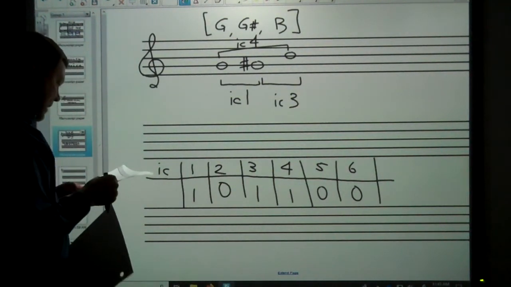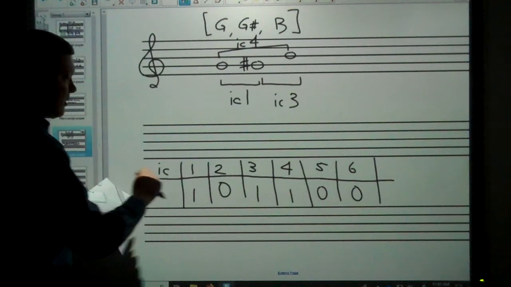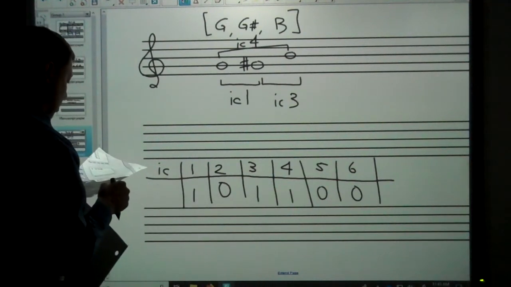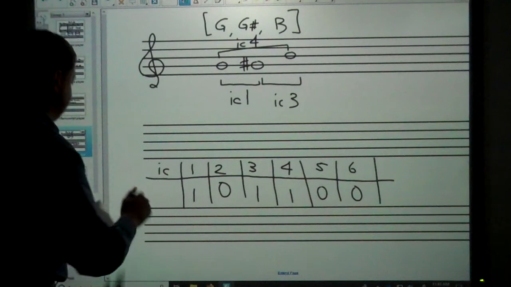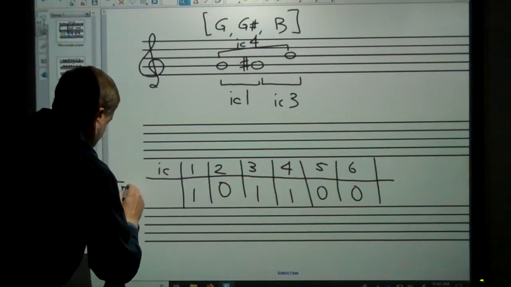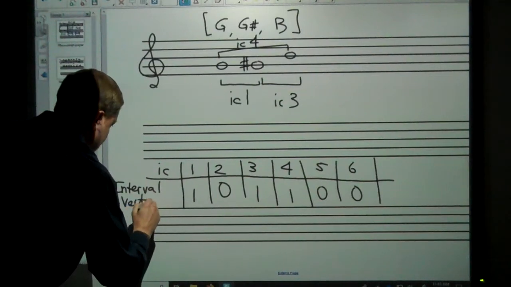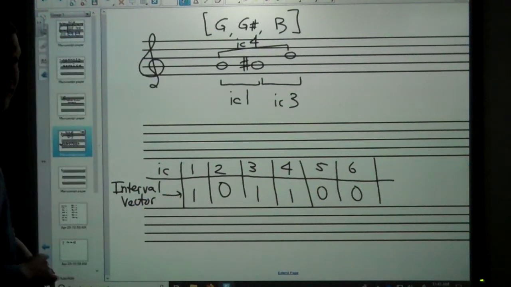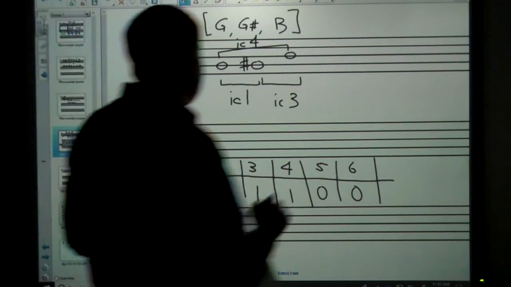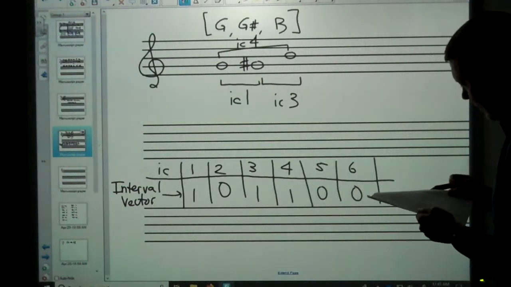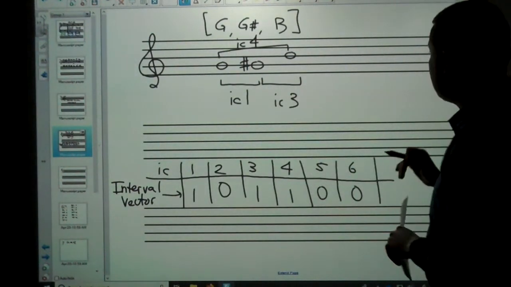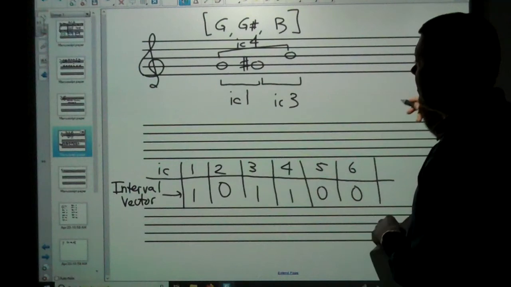And what results now is a 6-digit number called an interval vector. What is our interval vector? Well, you don't have to put this in any kind of parentheses or border or anything like that.